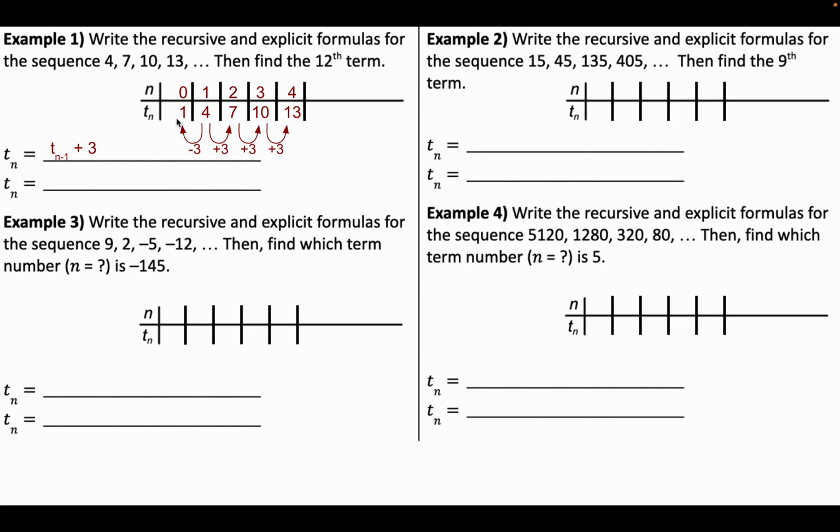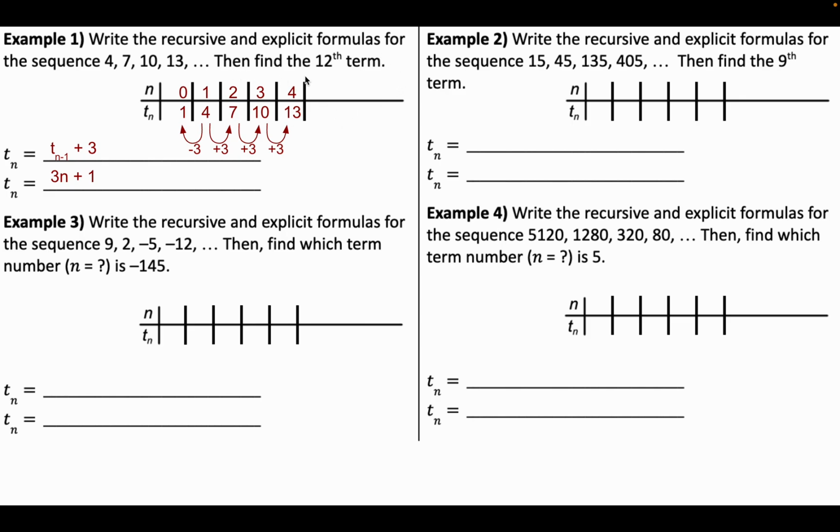And so our explicit formula is going to become 3 times n plus 1. Let's just check and see if that works. Will that get us to our third term? If I take 3 and plug that in for n, 3 times 3 is 9, plus 1 is 10. Appears to be working.